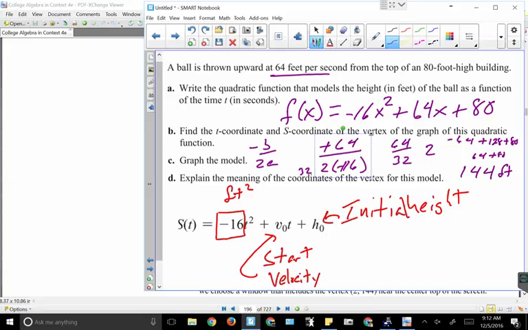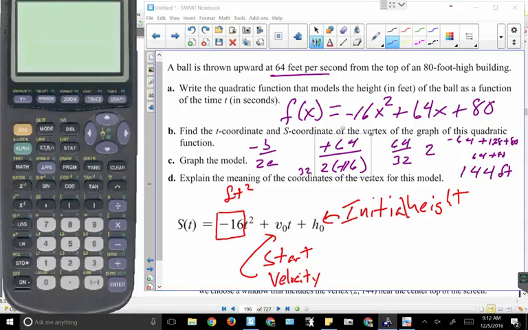So they want us to graph this model. So back here, y is equal to negative 16x squared plus 64x plus 80. Window. Okay. We're talking in seconds. Do I really need 6,500 seconds?